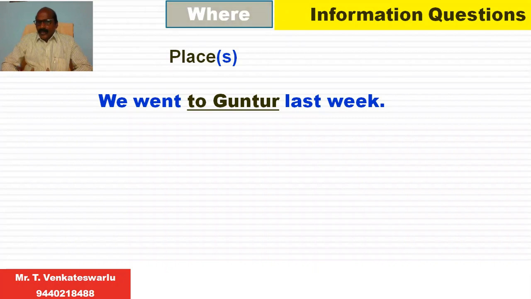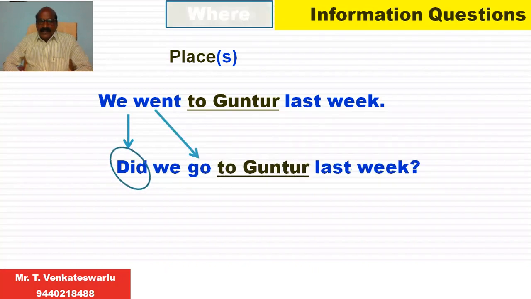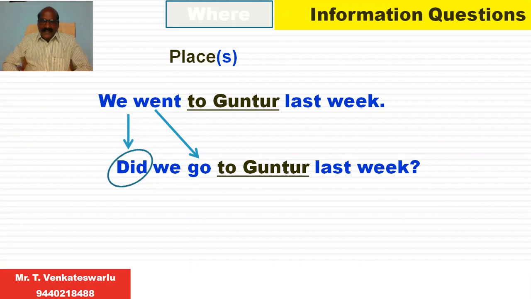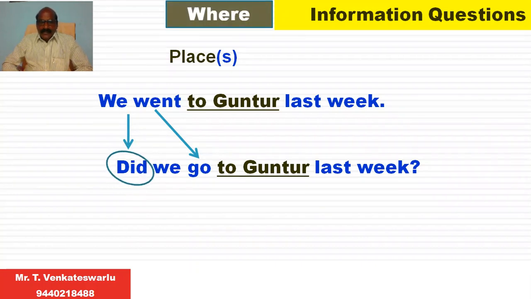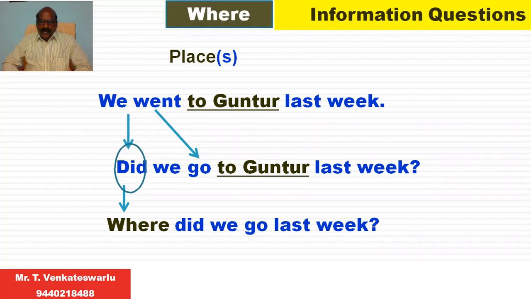So, use did at the beginning of the question, and the verb in past tense is changed into the verb in present tense. Thus we get, did we go to Guntur last week? This is the yes or no type question. And the underlined part is related to a place. We should prefix where to the yes or no type question. Where did we go last week?